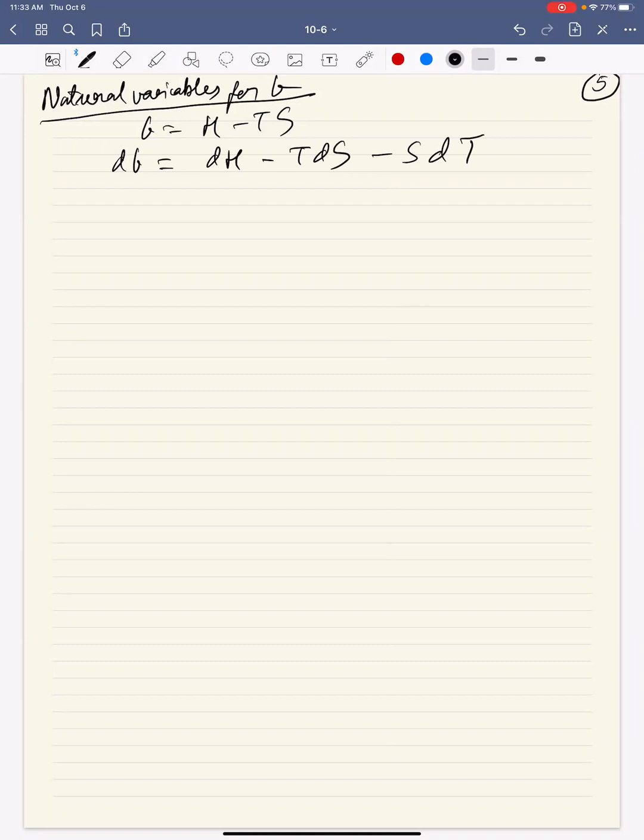Does it help? Do we see natural variables here? We don't. I mean, we can talk about H, but it's not quite clear, right? What's going on?